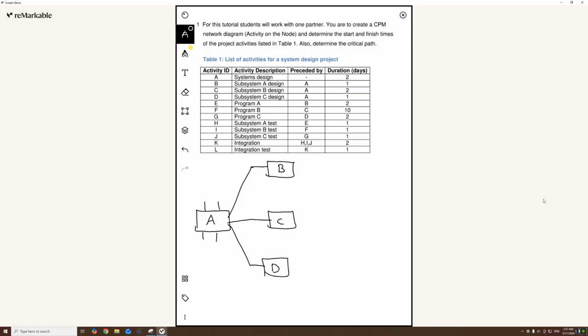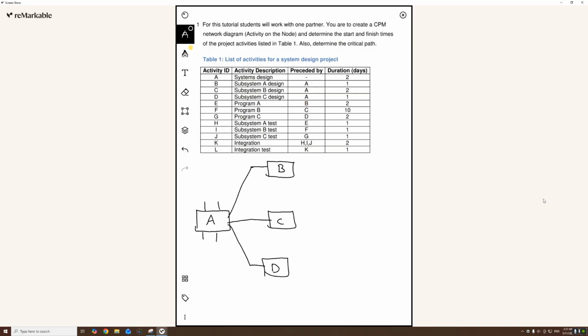Alright, from then I can move in an organized fashion, and any activity that is preceded by only one activity is very easy to draw because you just draw them as a straight line. So if we're gonna do activity B, let's count how many activities are preceded by B. I see only one.